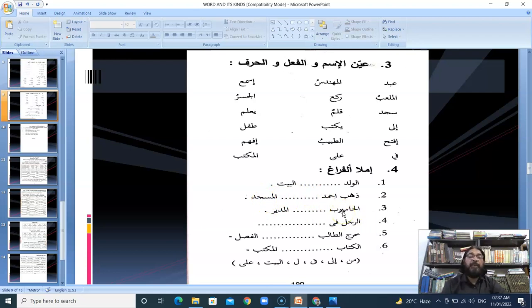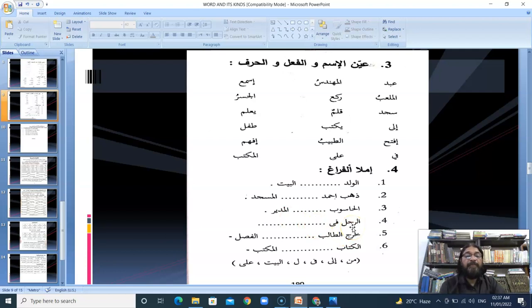Al-hasubu means the computer. Al-mudir, the manager, the principal, the head of the department. Dash, it will be li, for, belongs to. Al-hasubu lil mudiri, the computer belongs to the mudir. The computer is for the manager, for the principal.